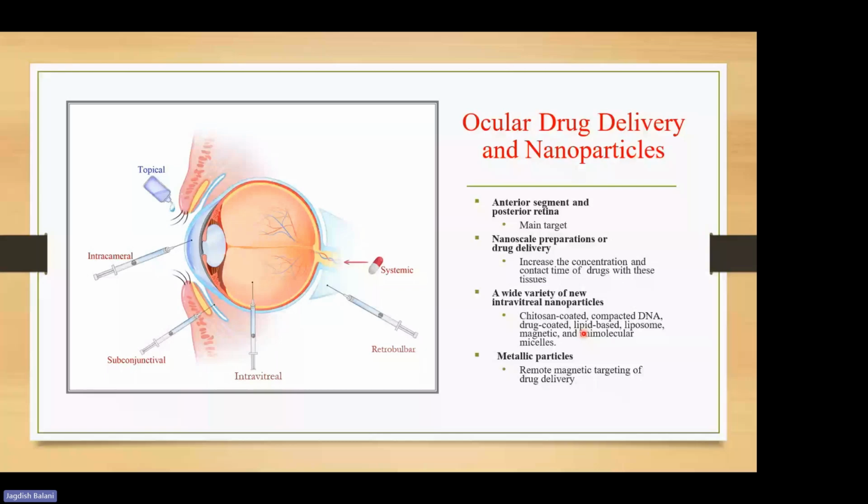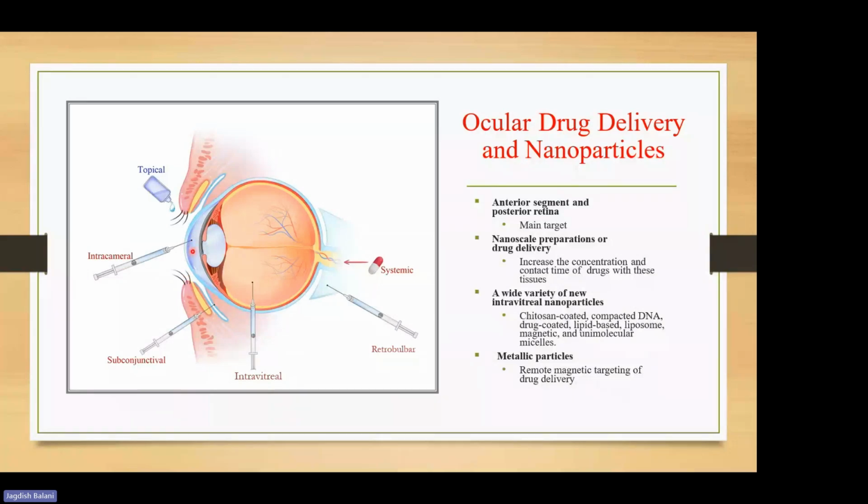Here, to deliver that compound, we have to explore the different routes of delivery. So the different routes mentioned are the intracameral route, subconjunctival route, and intravitreal route. By showing the location, you can understand the intracameral route is between the aqueous humor, meaning behind the cornea and before the lens.